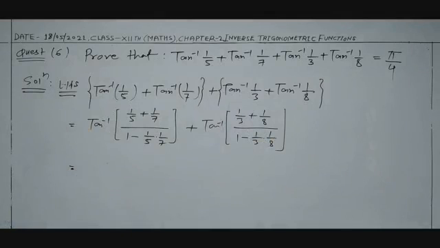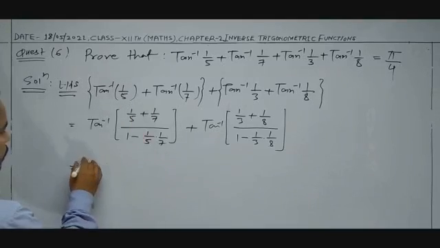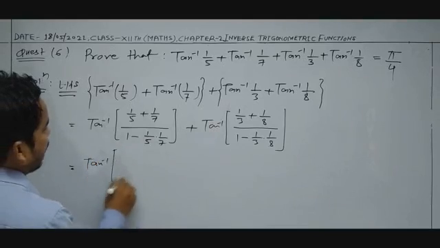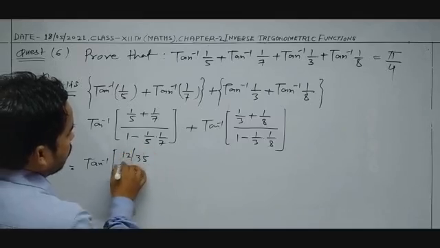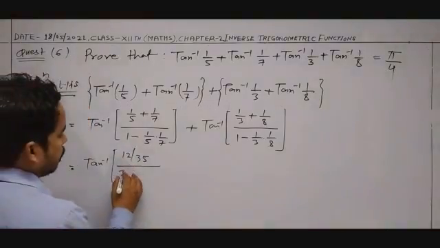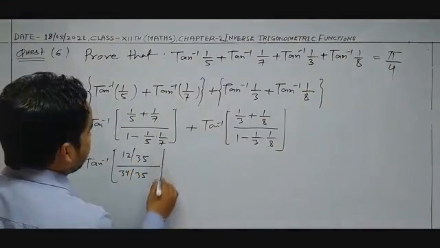Solve it. After taking LCM, tan inverse of 12 by 35, and the denominator will be 35 minus 1, which means 34 by 35.